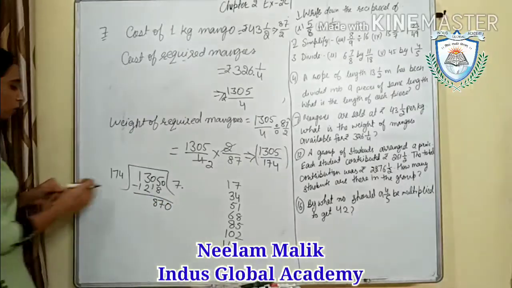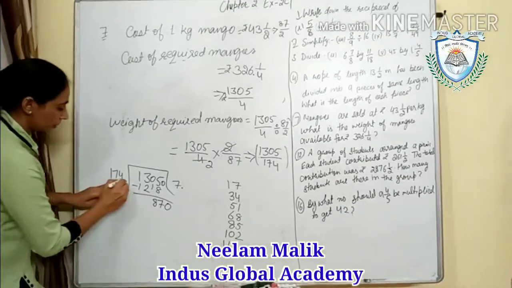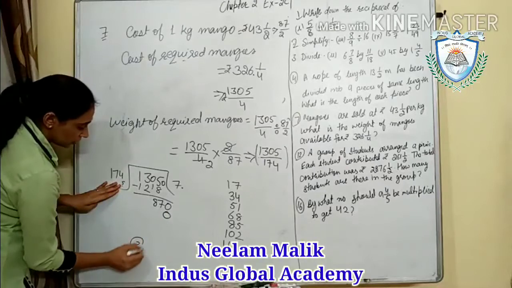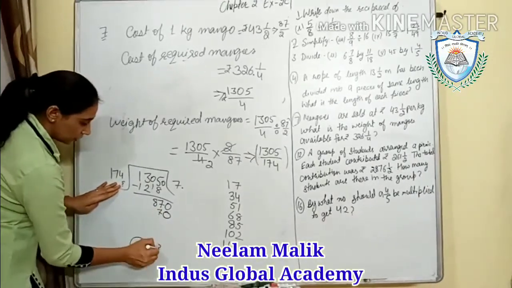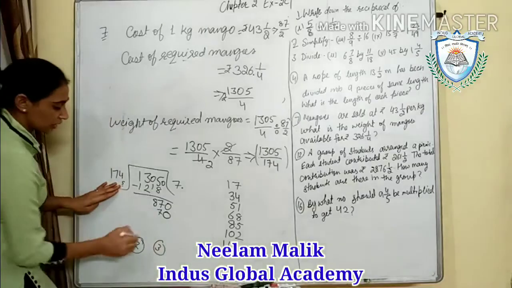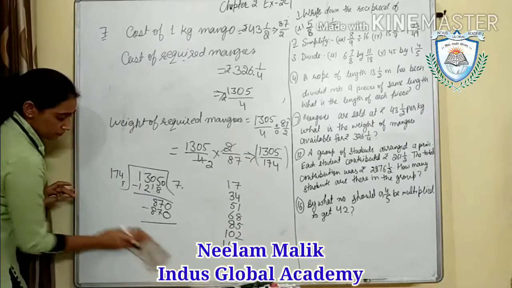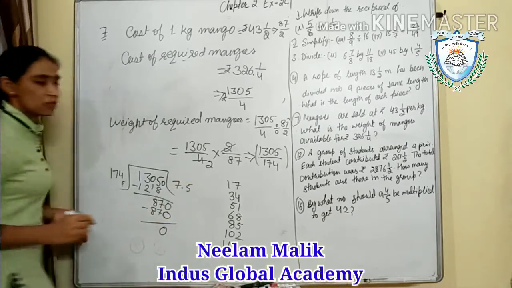Now it will go to the 5s. Check it. 5 4s are 20, 2. 5 7s are 35 and 2 is 37. 3. 5 1s are 5 and 3 is 8. Completely divisible here. Okay. So here we get 0. So this is 7.5.